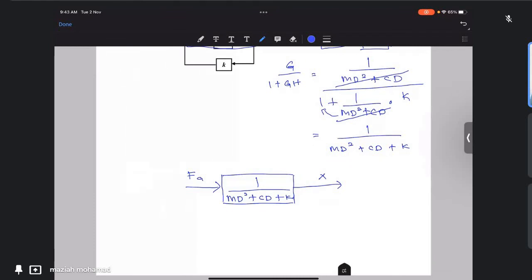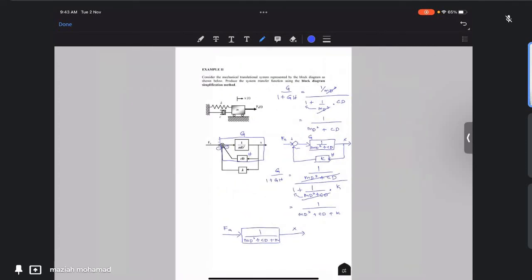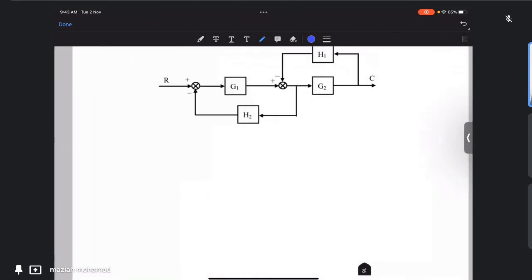Later on we're going to use that to know the dynamic behavior of the system, meaning to get the time response equation for the system. Any question on that?